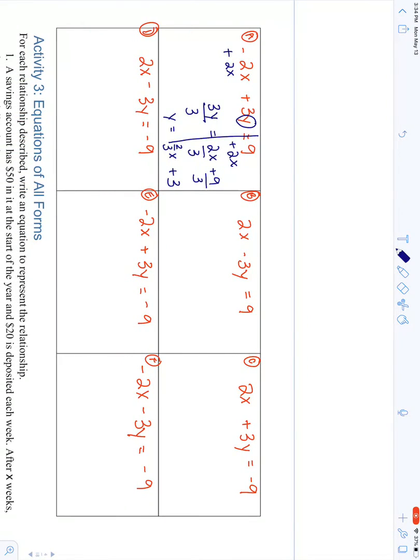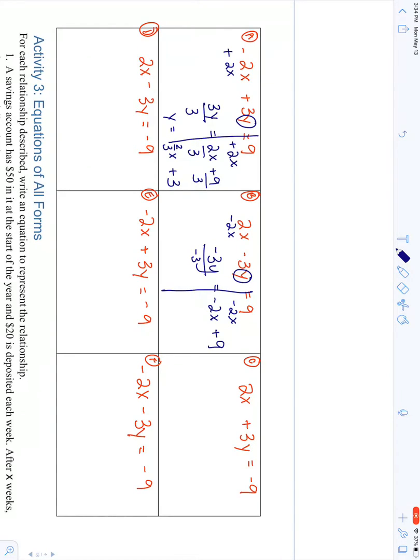Now for card B, we're solving for y. I'm going to subtract 2x from both sides now because it's a positive instead of a negative like the other one. So I'm left with negative 3y on this side is equal to negative 2x plus 9, a little bit different than our other one. So in order to get y by itself, I need to divide by negative 3 because I have negative 3 groups of y. I just want one group of y.